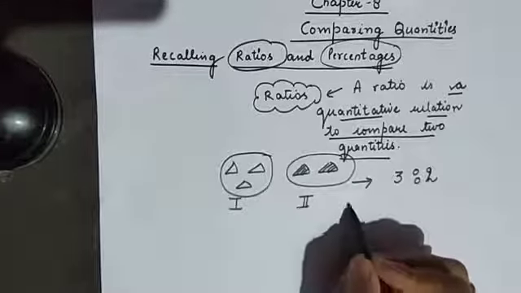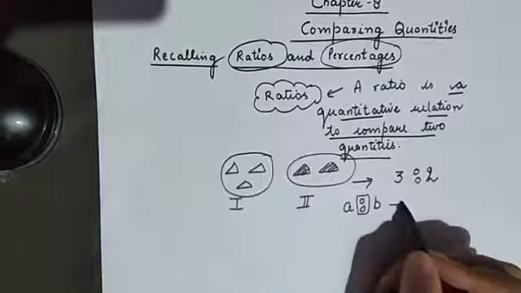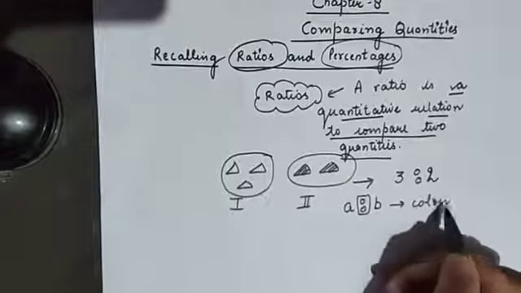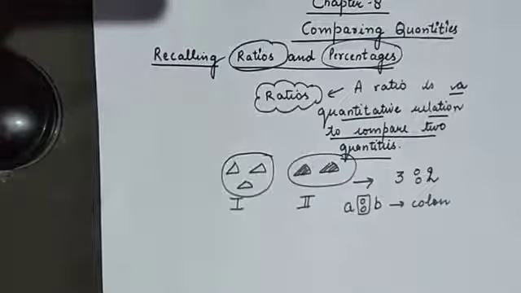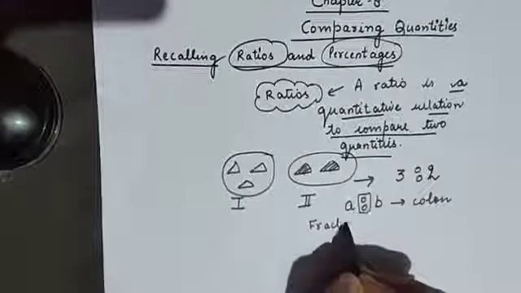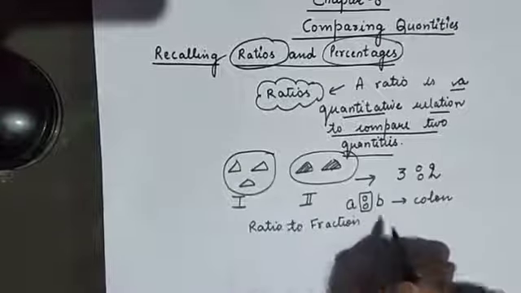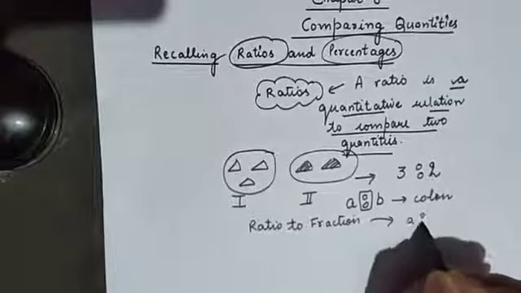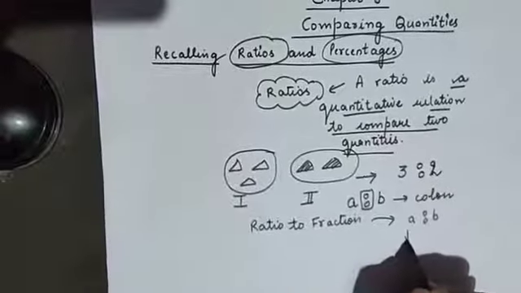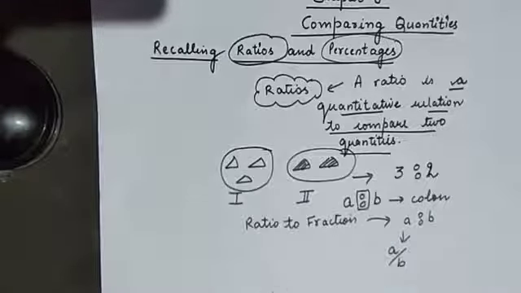So students, for the notation, you always have to write a ratio by using the sign of colon. And if you have to convert your ratio into a fraction, you have to write A ratio B as A upon B. So I hope it is clear to you what a ratio is.